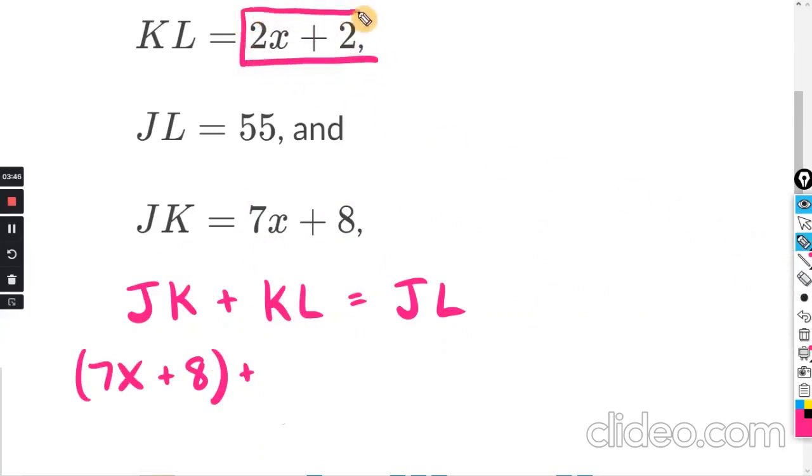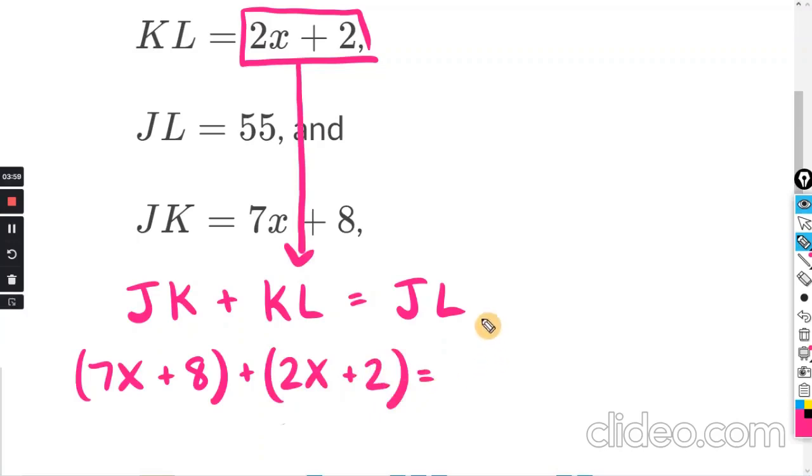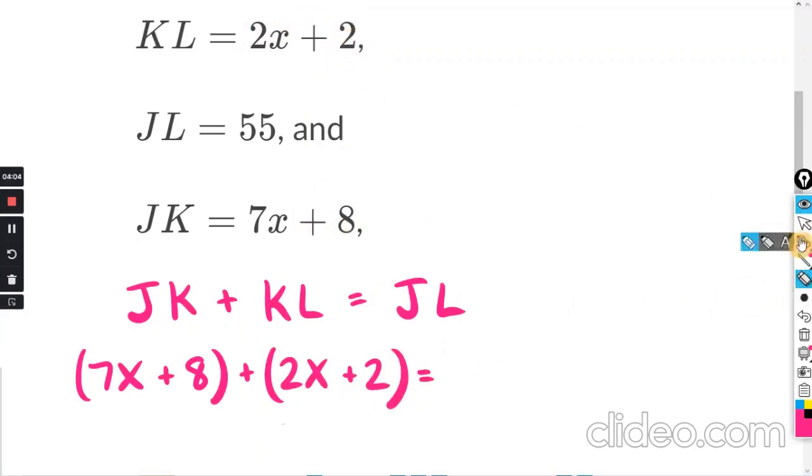That's 2x plus 2. And that is going to go in place of KL. And finally, the last one, JL. We see the number for JL is right here. Just ignore the "and." This is just a number here with no x. So JL is 55. You plug that in place of JL.